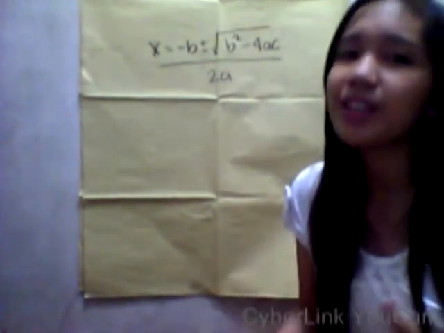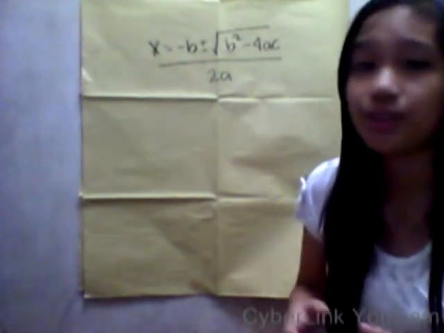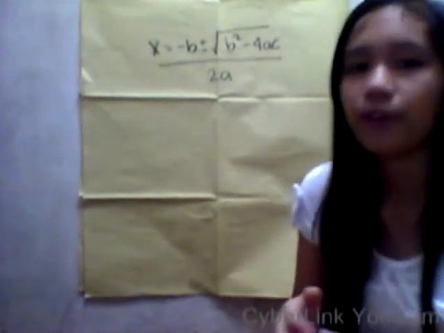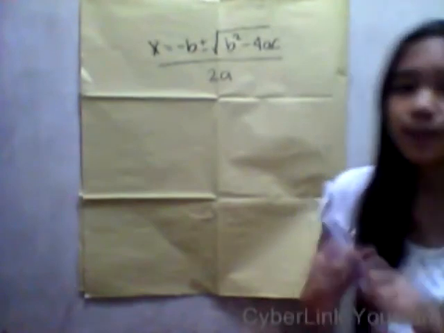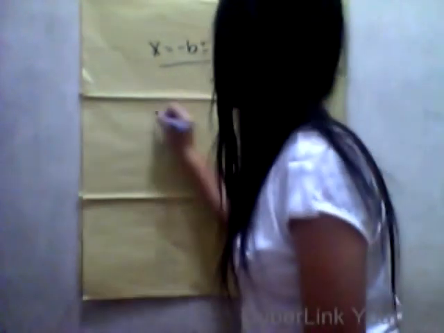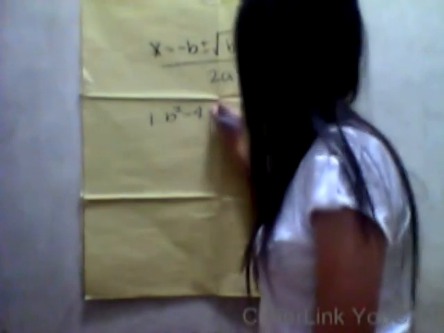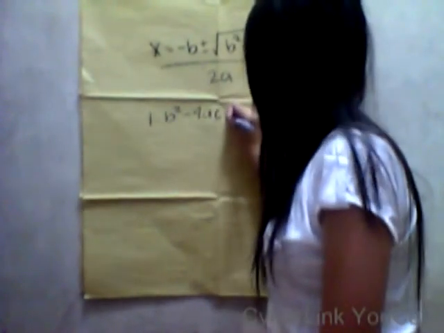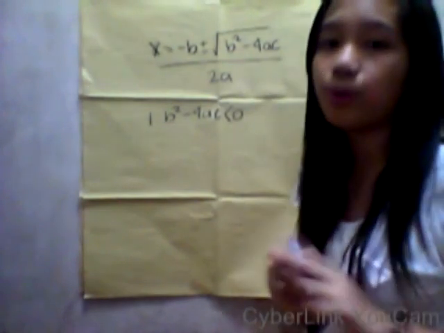The discriminant is important because it tells you how many roots a quadratic function has. Number 1, if b squared minus 4ac is less than 0, there are no real roots.